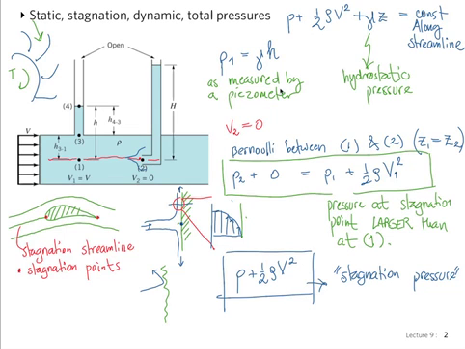And so we have the static pressure, which is this one over here. We have stagnation, which is that one. Now we need dynamic pressure. Dynamic pressure, we just call this term over here, 1/2 rho v squared. We agreed to call this one dynamic pressure.